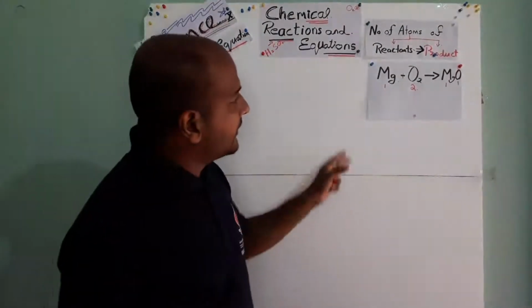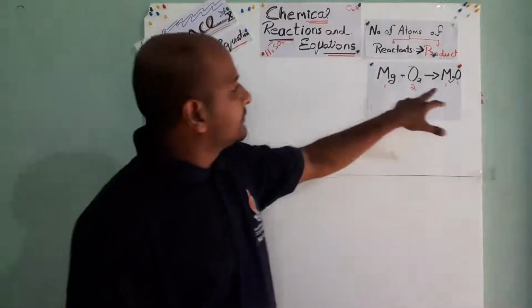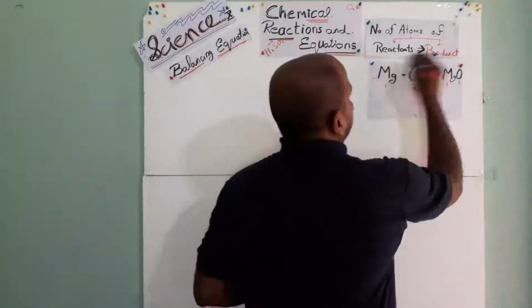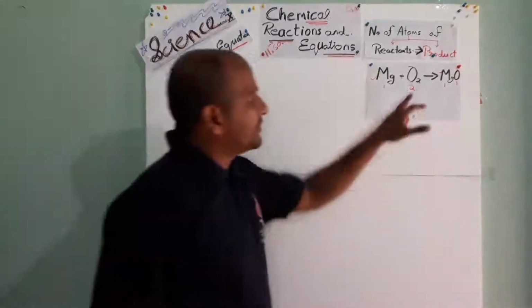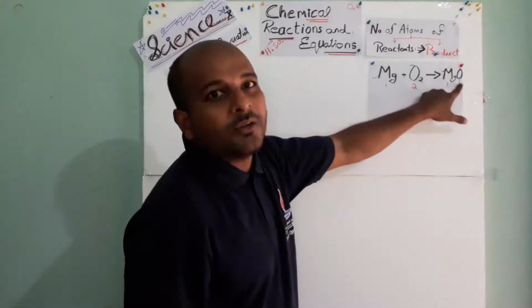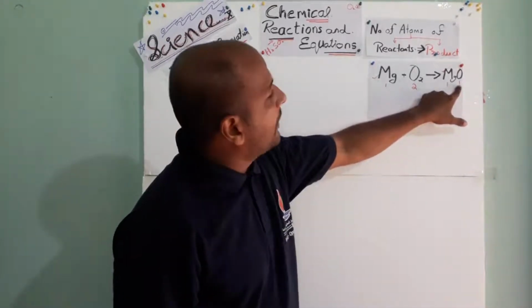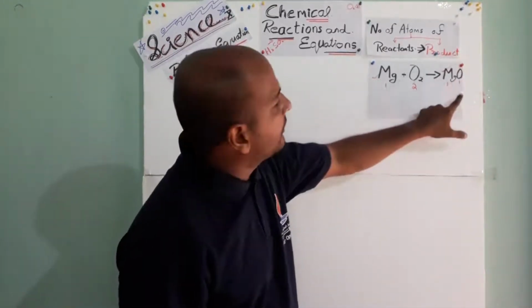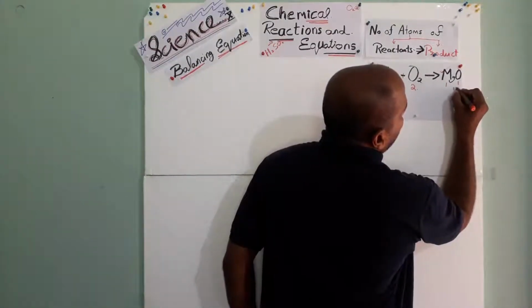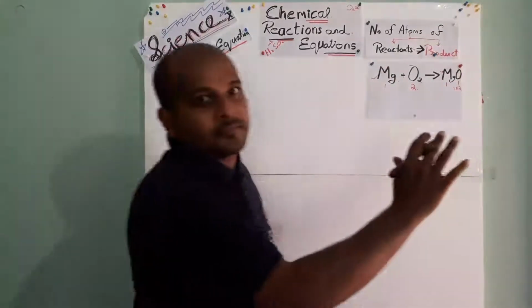So in this case, Mg is 1. Here also Mg is 1. Mg is balanced. But in the case of oxygen, here 2 is there, here only 1. So what we want to do? We want to multiply this one oxygen with 2. So 1 into 2 gives 2 oxygen.